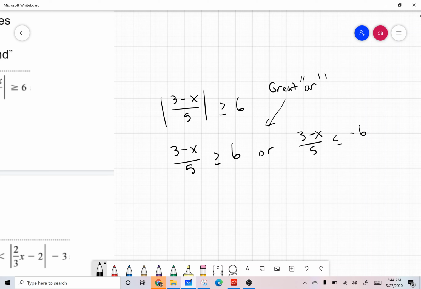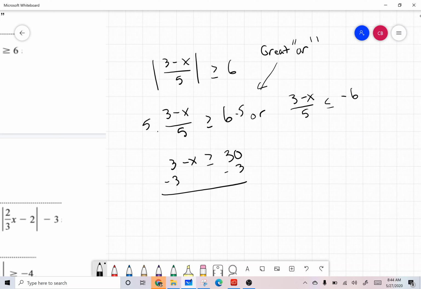And so if we have this, then we go ahead and solve. Times 5. 3 minus x is greater than or equal to 30. Minus 3, minus 3. Remember, the great or only gets rid of the absolute value. That's all it's intended to do. Negative x is greater than or equal to 27, so x is less than or equal to negative 27.